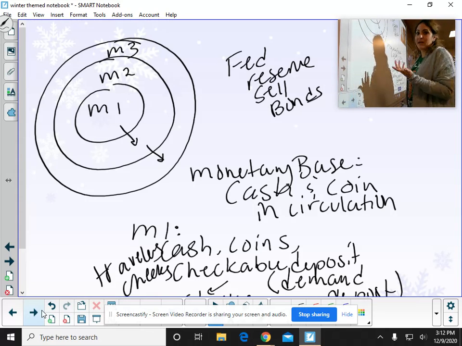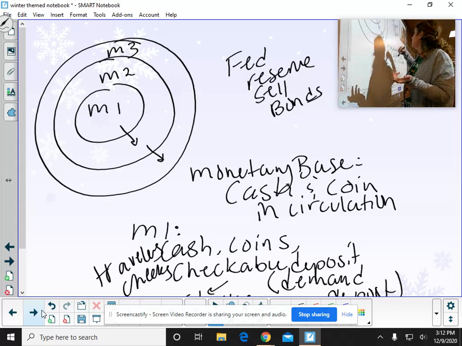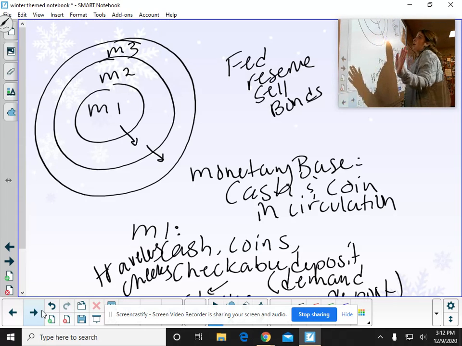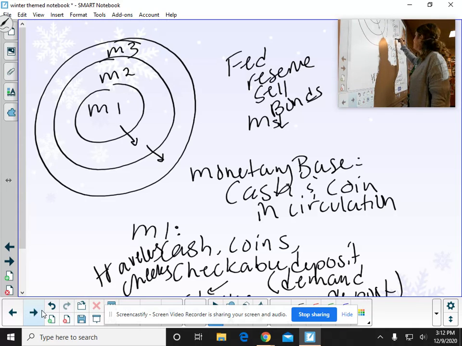And that takes money out of circulation. So it decreases M1, which then decreases all the circles, because M1 is included in everything. So something that would affect all of these M's is if the Federal Reserve does some sort of policy. If the Fed sells bonds, then M1 goes down, so all the M's go down.